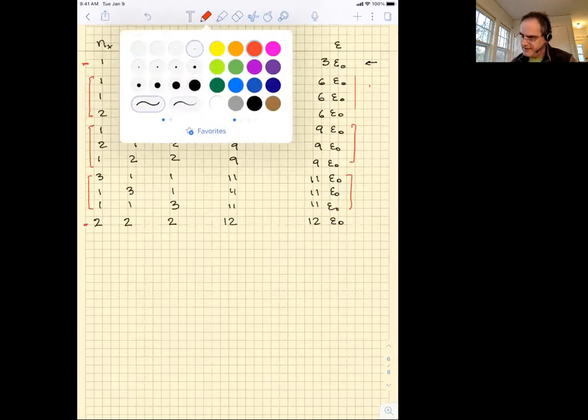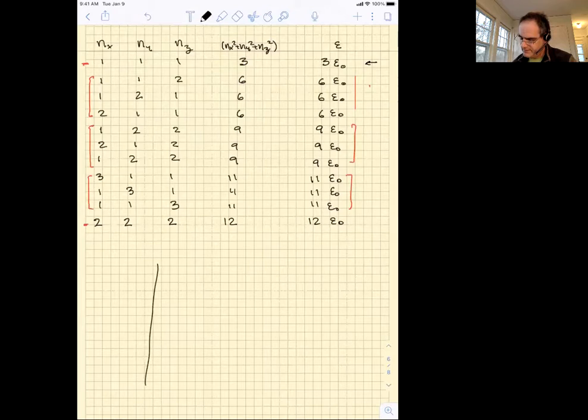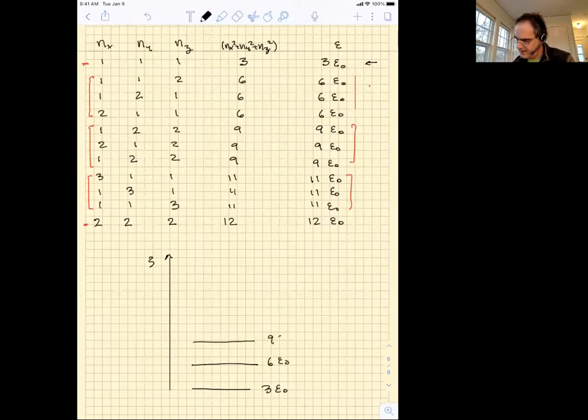Finally, we can make a sketch of these results. There we are. Okay, the lowest state has energy 3E0, and then the next state has energy 6E0, 9, and then 11 and 12.